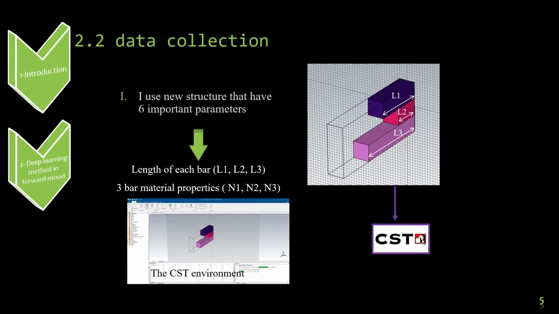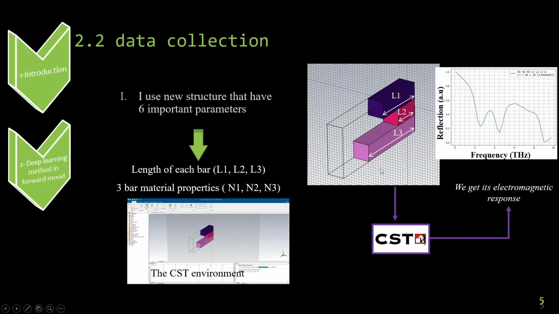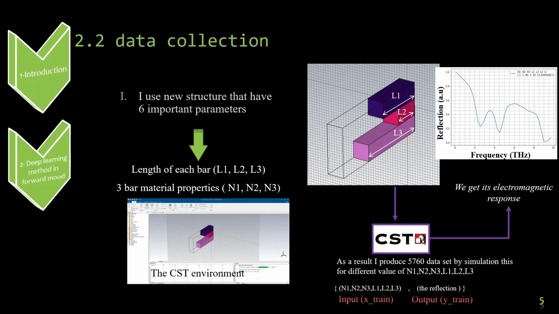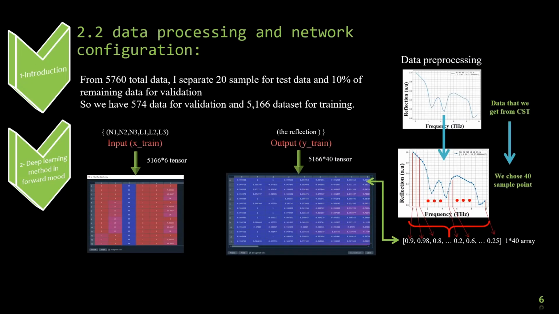After we design this structure in the CST environment, we run the simulation and we can get the electromagnetic response, but it takes a lot of time. So we collect the data by changing these parameters, and in the next step we use this data for our neural network. After that we can get any other simulation result with the neural network in less than a second.